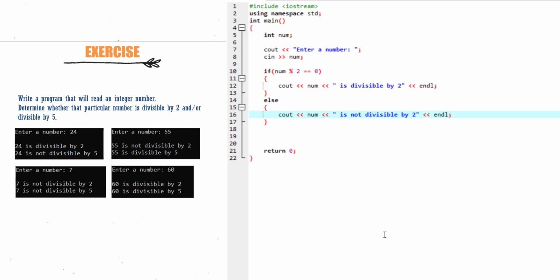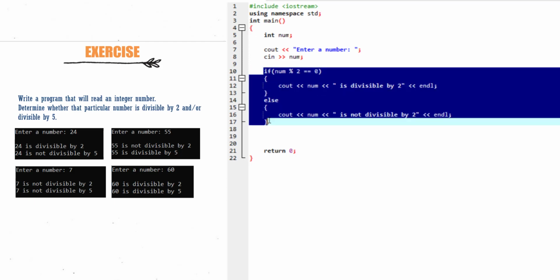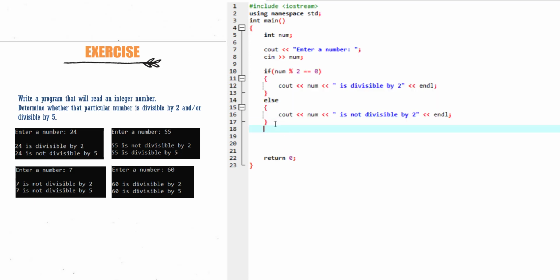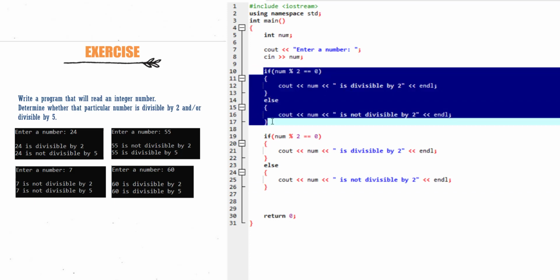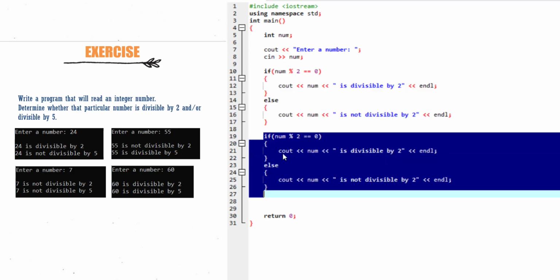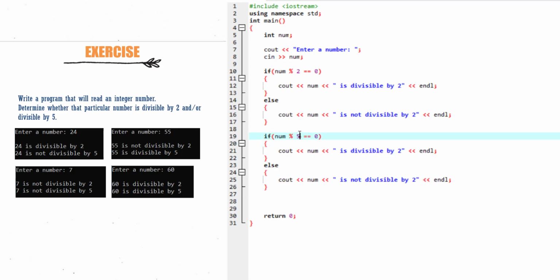Okay, but the question did say we need to check for divisible by 2 and also divisible by 5. So the concept is the same. All you need to do is just copy and paste the first one and just do one for the second one. This first part is for divisible by 2 and the second part would be divisible by 5.